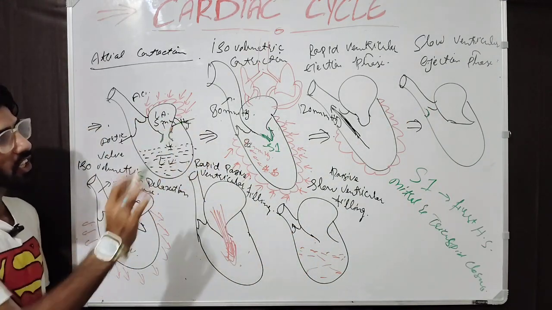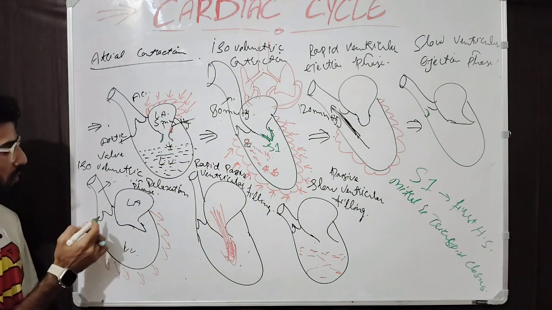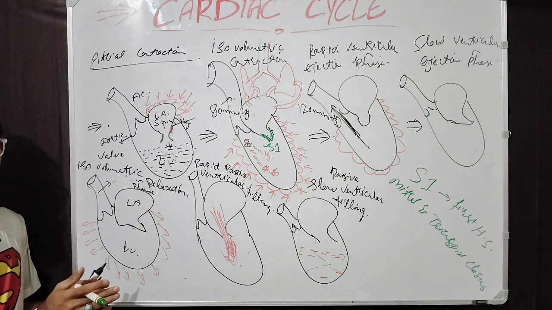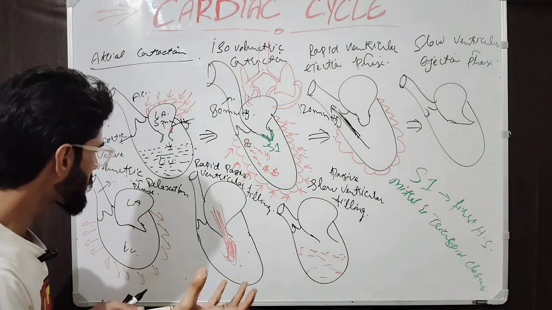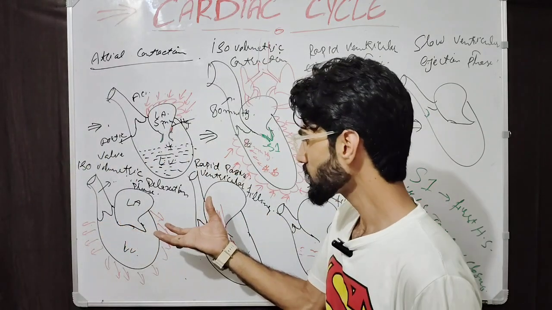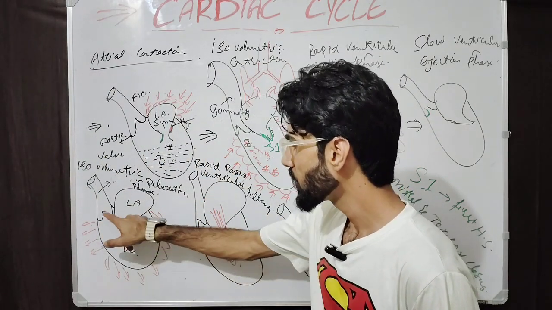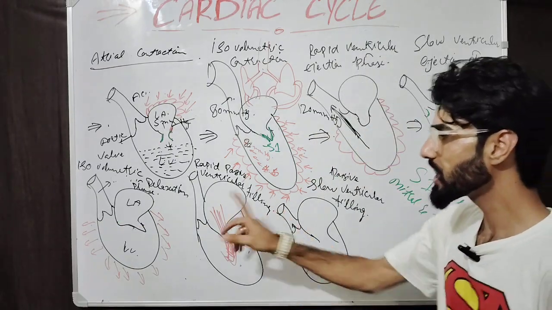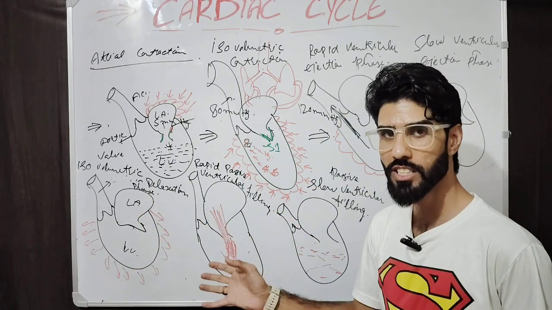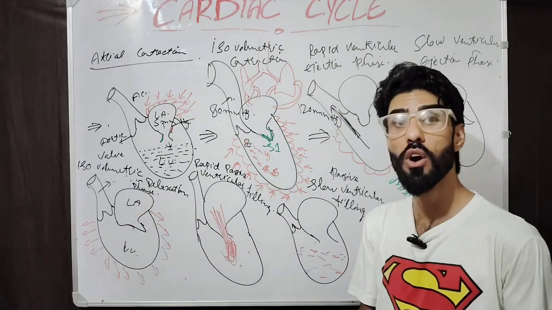But at the end of the slow ventricular ejection phase, just before the isovolumetric relaxation phase, when the ventricles are relaxing, the aortic valve will be closed.